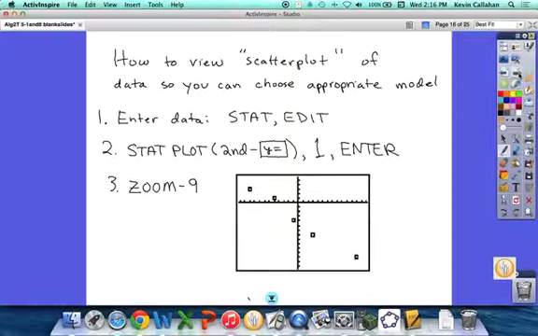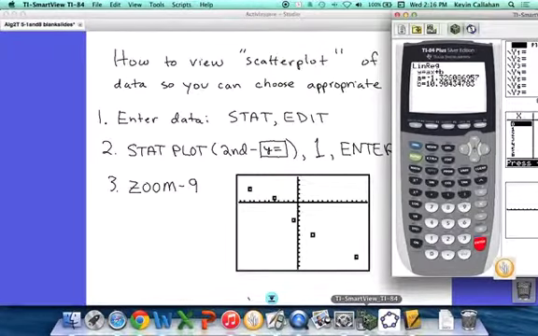First step, enter the data. We already did that. Second step, we need to turn on the plotting of points so that we can see what we just put in the calculator. And you do that, if you look at the calculator, what do you see above y equals? What does it say? Stat plot, right? That's what's going to allow us to see the plotted points.